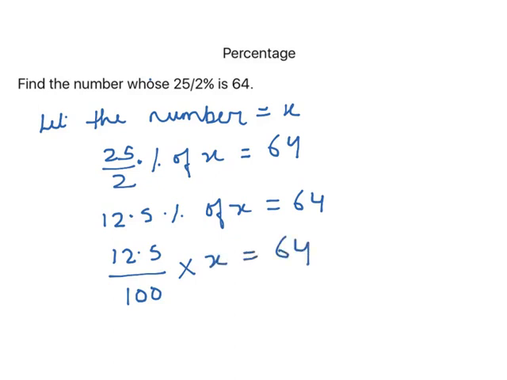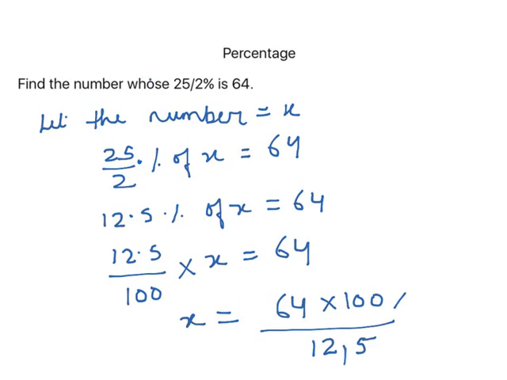Now here we have to find the value of x. So x equals 64. The denominator will go in the numerator, meaning 100, and 12.5 will come in the denominator. Now we will simplify it. We can remove this decimal and put 10 over here.